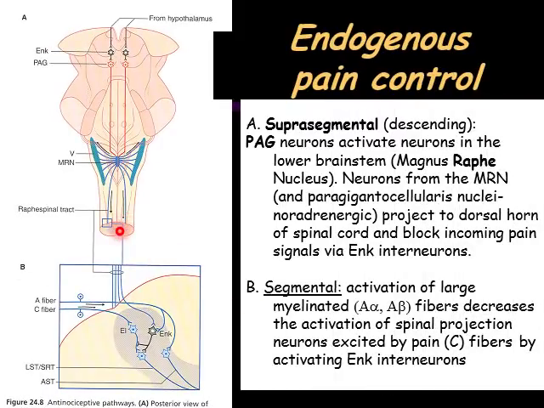At the suprasegmental level is another system, and we referred before to upgoing pathways that stop at the periaqueductal gray and at the reticular formation. Well, in the periaqueductal gray are a number of encephalinergic neurons.